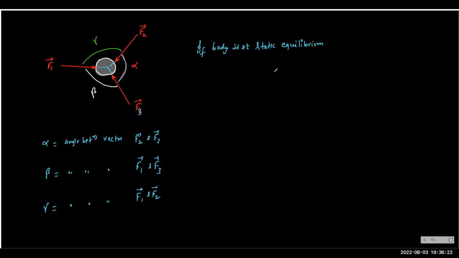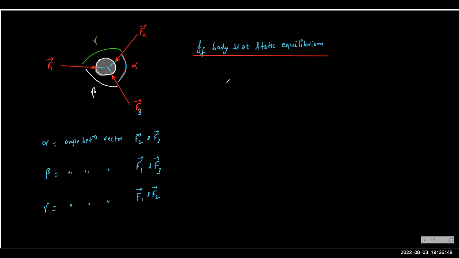If the body is at static equilibrium, what does it mean? It means the net force is zero. That's the only meaning, right? Equilibrium means the net force is zero. There is no resultant. That is the meaning of equilibrium. Okay.